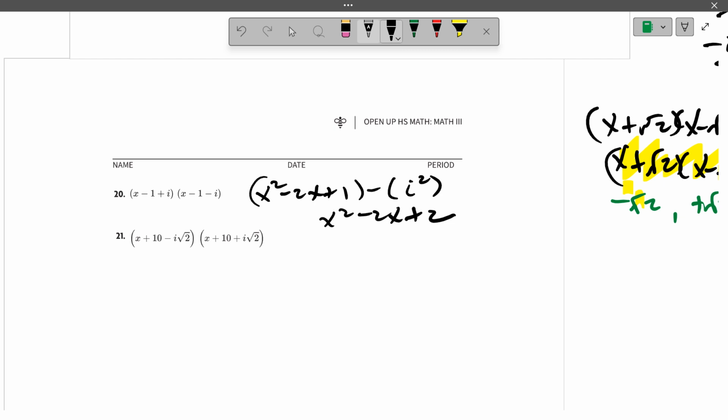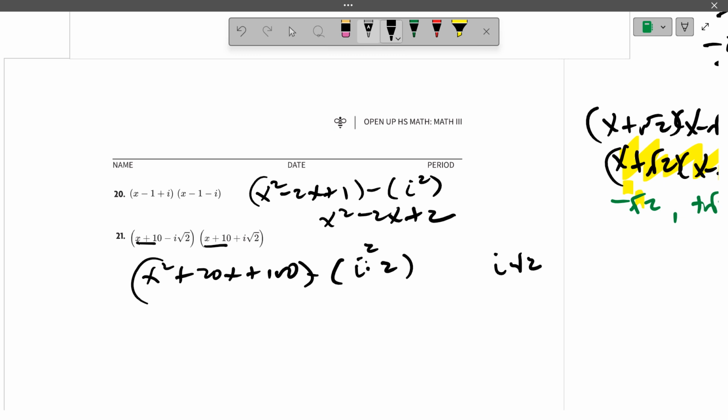And finally, x plus 10 times x plus 10. I'm taking the first two terms here. That's x squared plus 20x plus 100 minus i root 2 times i root 2. So that's i squared times 2. So what's that worth? Remember, i squared is negative 1.